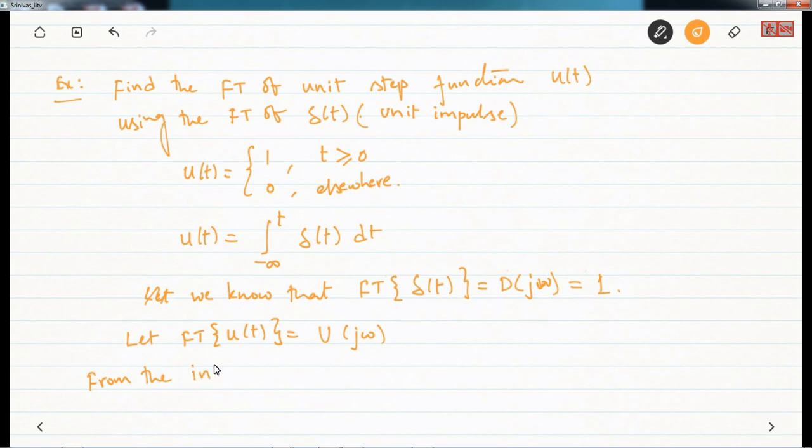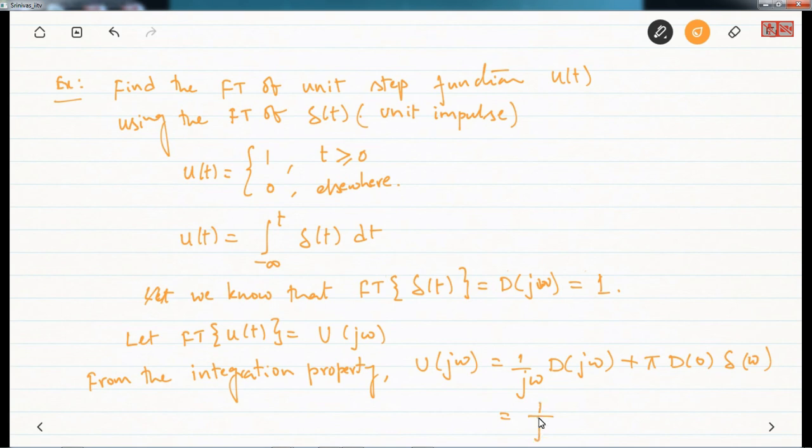From the integration property, you have u of j omega equal to 1 by j omega into d of j omega plus pi into d of 0 delta of omega.